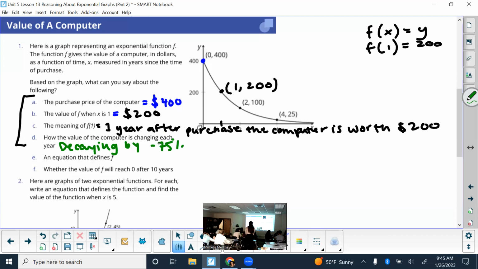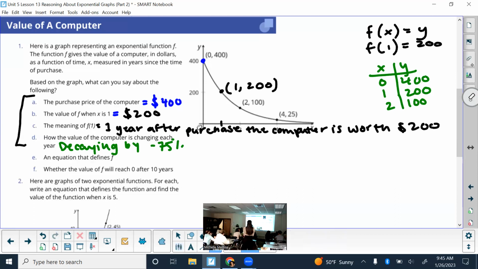You could make a table if that's better for you. So at 0 years, it was $400. At 1 year, it was $200. At 2 years, it was $100. Is it going down by 75% each time?